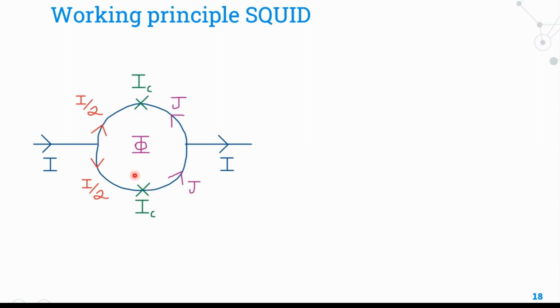If we apply some magnetic flux, it will generate a circulating current, and this current will go in one direction. Since the current goes in both directions, here there will be cancellation of current, and here there will be addition of current. So in the lower junction, the critical current will be reached earlier than in this one. This is the concept we are using.